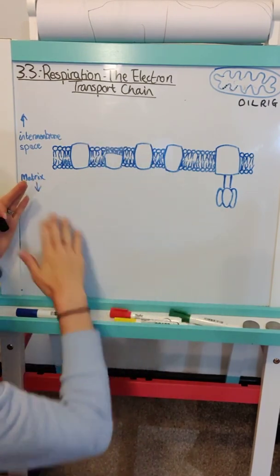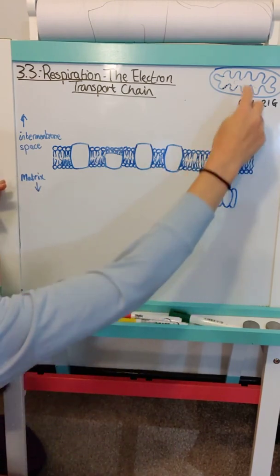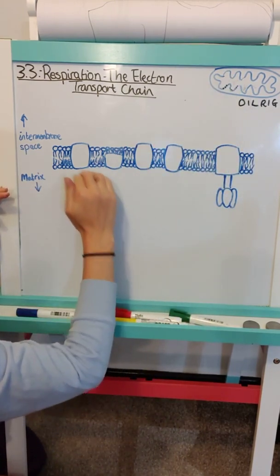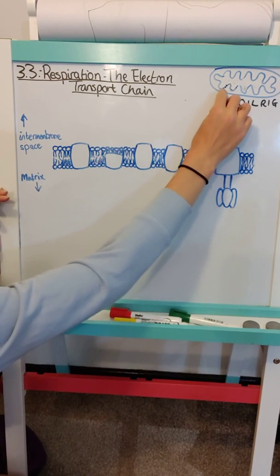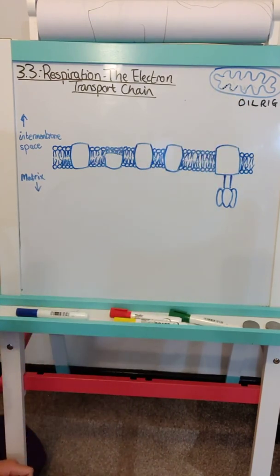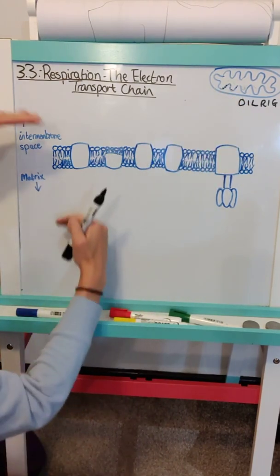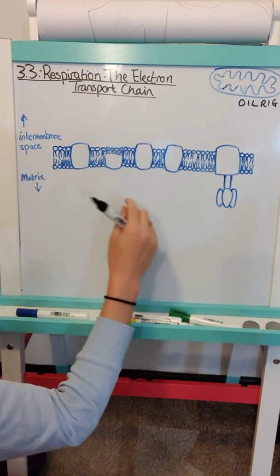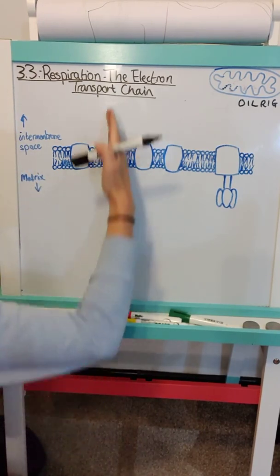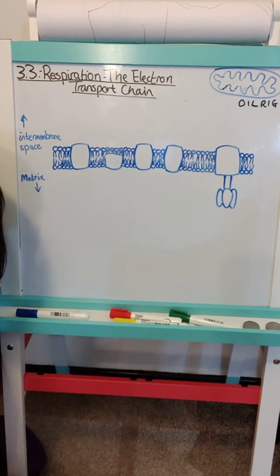So think of this bit as being like inside. So we've got the matrix here, and then the intermembrane space is obviously the gap between the inner and outer membrane. So when things are moving, if they move from one side to another, that's almost like that's being sent out, and that's coming back in.